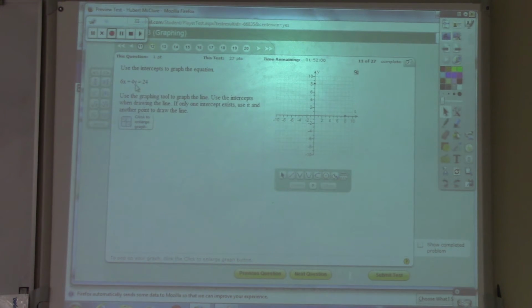When y is 0, x is what? 4. So when y is 0, x is 4. And when x is 0, y is what? 6.